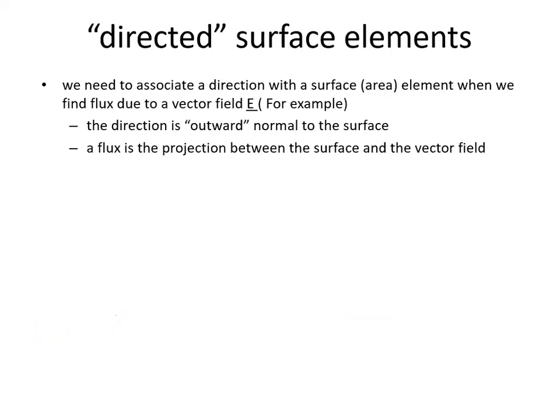So we need to associate direction with the surface area element when we find flux due to a vector quantity E. Primarily area, as I said, is a scalar quantity, but in this course we will associate direction with the surface area when we find the flux due to a vector quantity E. The direction is outward, normal to the surface.